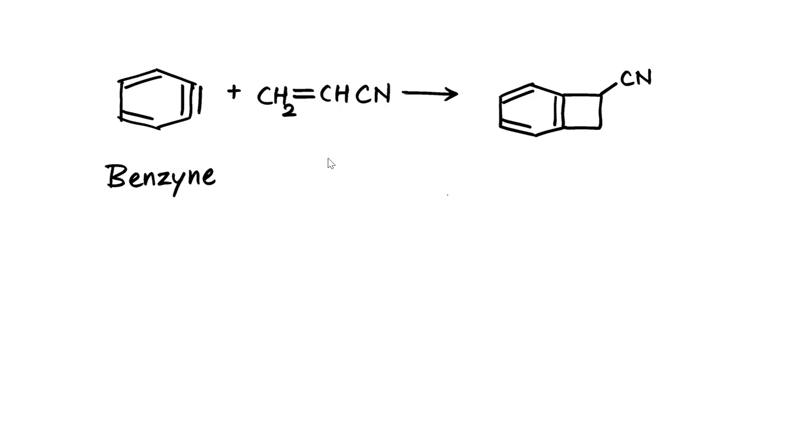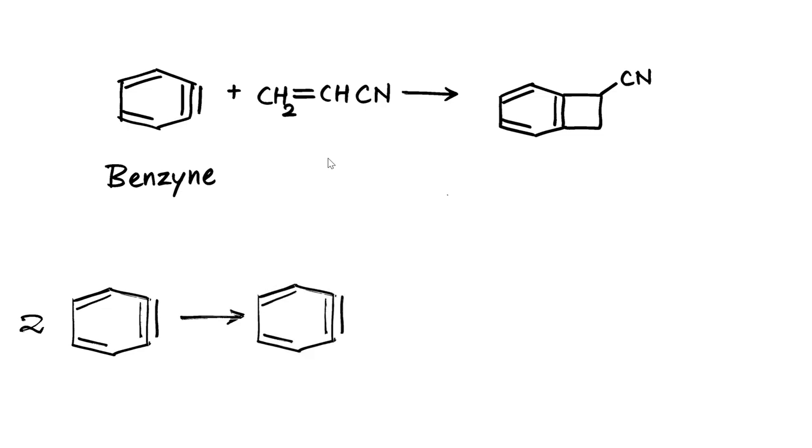Then the second reaction is a simple reaction, which we can call a dimerization reaction. If we have two monomers of benzyne, then it will simply give you a cyclization reaction. This one is the first molecule of benzyne. If it is reacted with a second molecule of benzyne, simple electron shifting takes place.